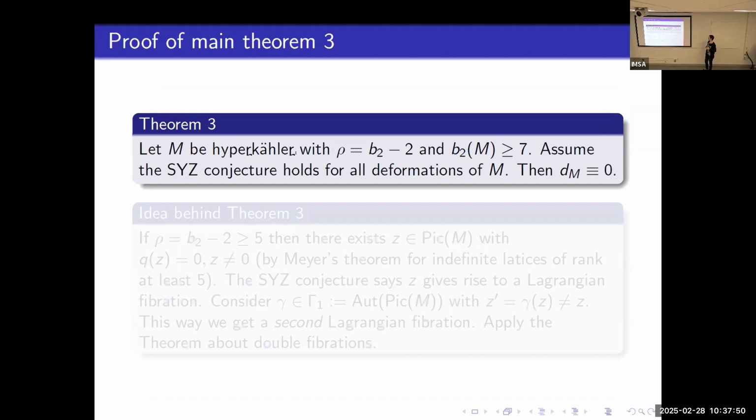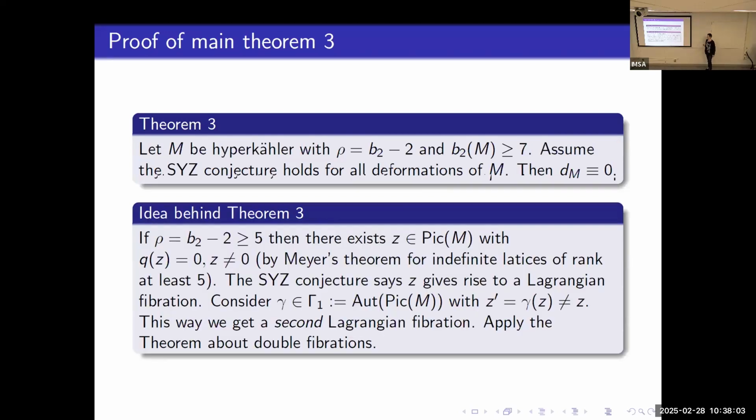Okay, and then for the third theorem, what you have is the following. We have to assume that the SYZ conjecture holds because of the following. Well, if the second Betti number is at least 7, this means that the Picard number of the hyperkähler manifold is at least 5.